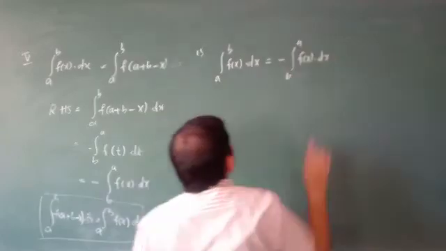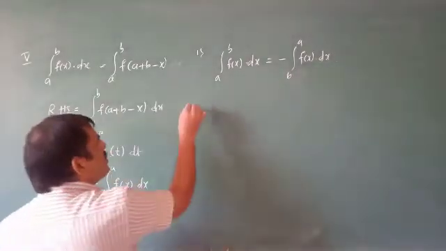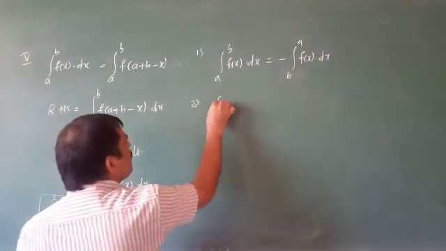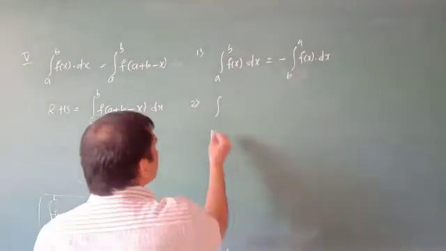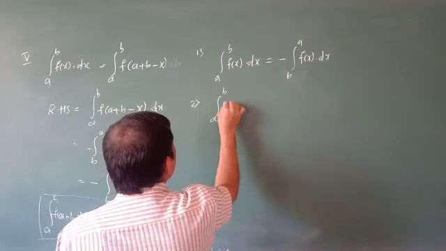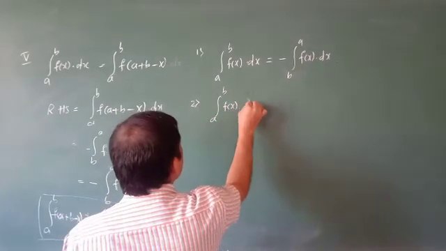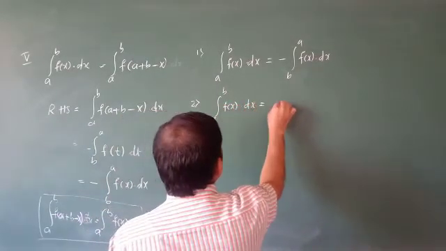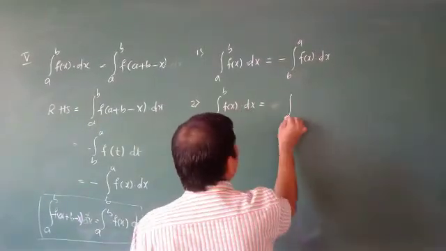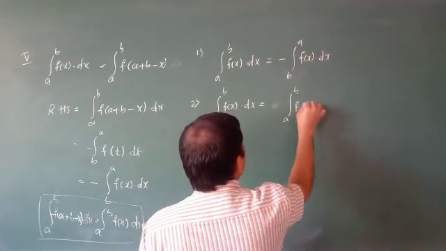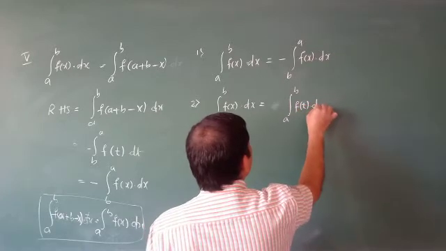The second property says that the integral of a to b of f of x with respect to x is the integral of a to b of f of t with respect to t.